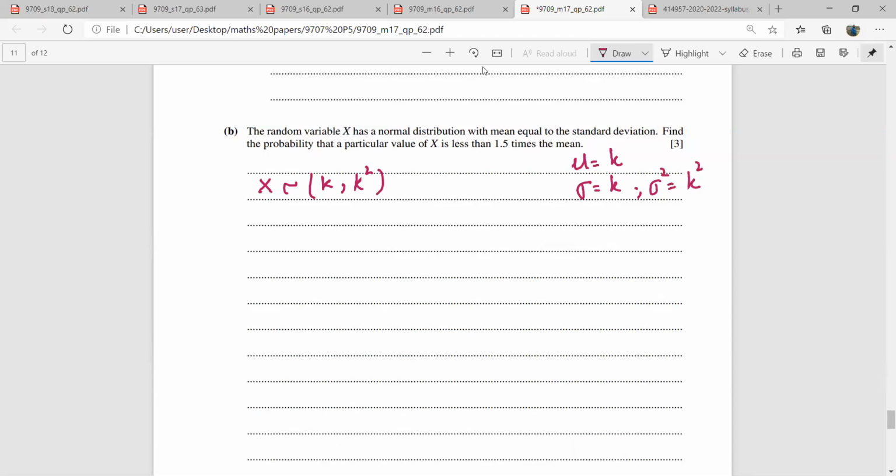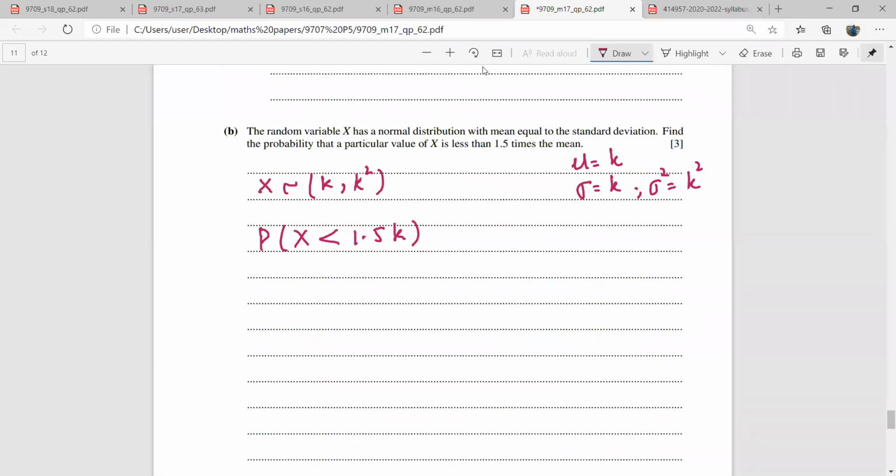It says find the probability that a particular value of X is less than 1.5 times the mean. So we have to find the probability that X is less than 1.5k.